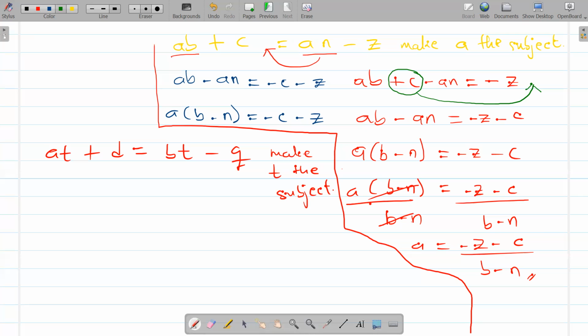I should make T the subject, isn't it? Yes, make T the subject. T. Okay.